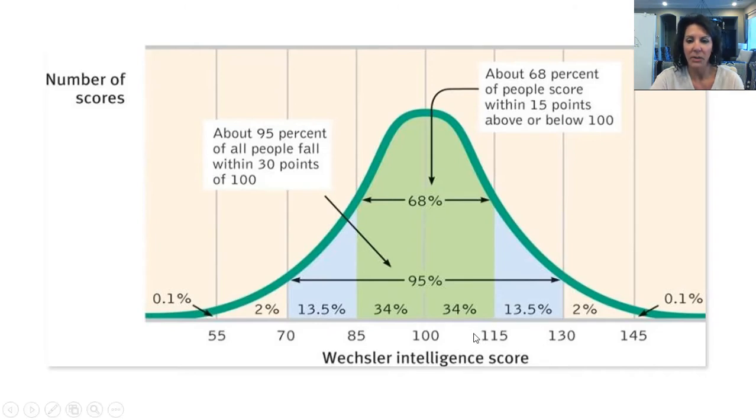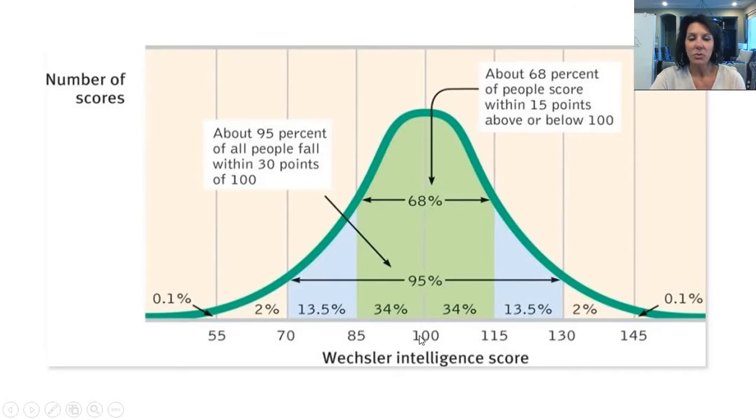And lo and behold, there it is, 115. I do the reverse to find one standard deviation below. I take the mean of 100 and I subtract one standard deviation of 15 and I get a score of 85. From what I know about standard deviation, 68% of the scores are between 85 and 115.